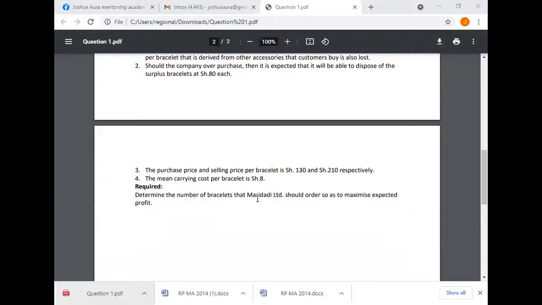Three, the purchase price and selling price per bracelet is 130 and 210 respectively. The mean carrying cost per bracelet is 8. Required: determine the number of bracelets that Maridadi Limited should order so as to maximize expected profit. 15 marks.